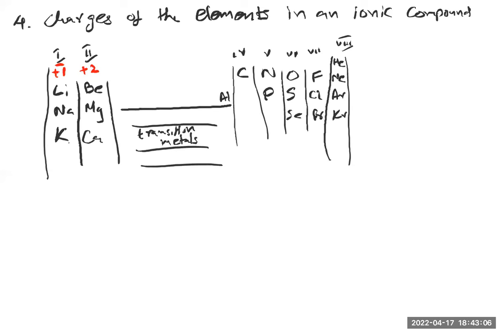So if you have aluminum, it has 3 valence electrons. Therefore, in an ionic compound, they're going to form +3 charge because they have to remove 3 electrons to become like a noble gas.